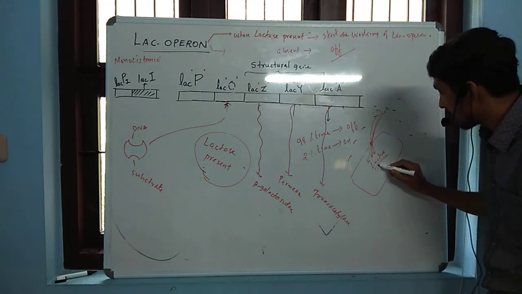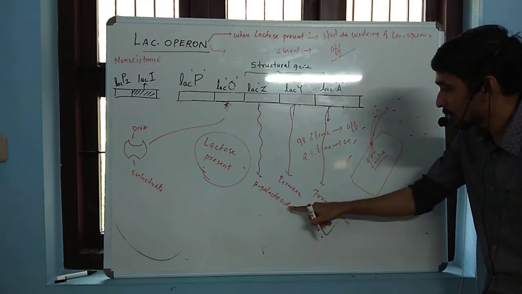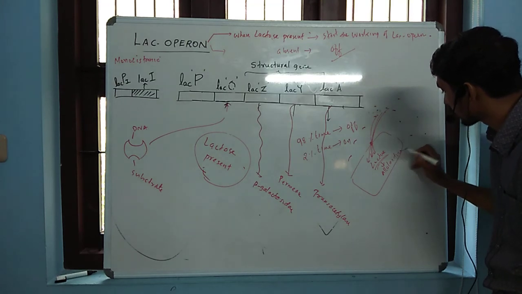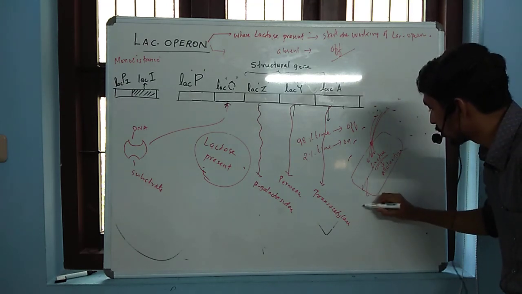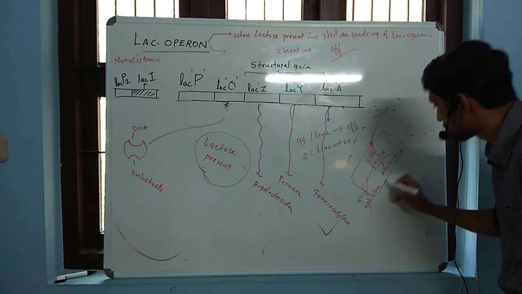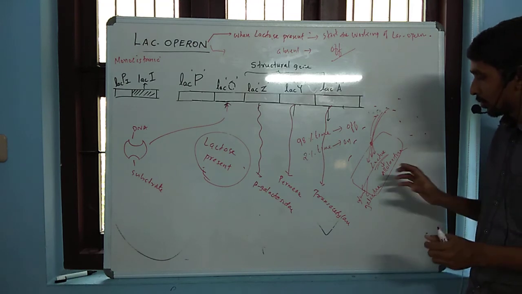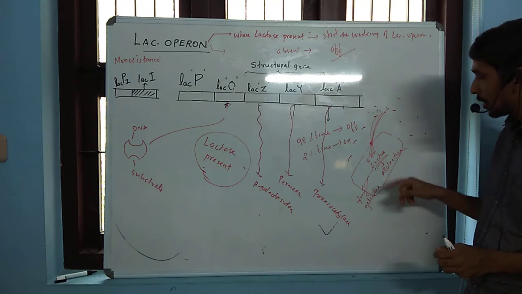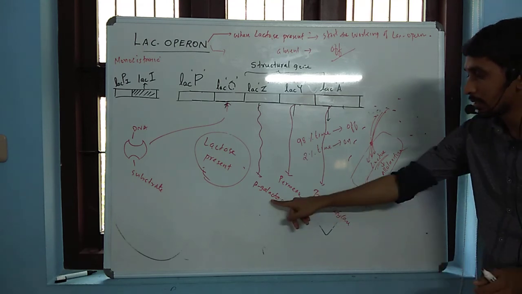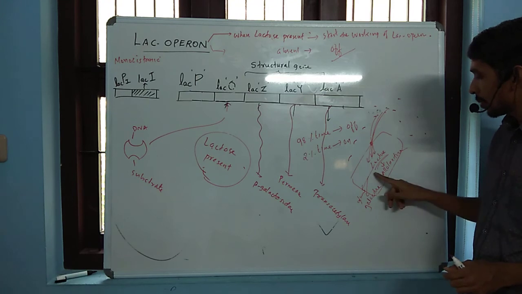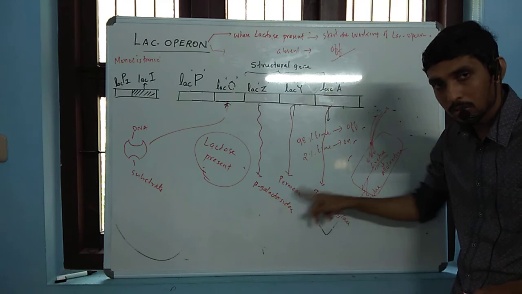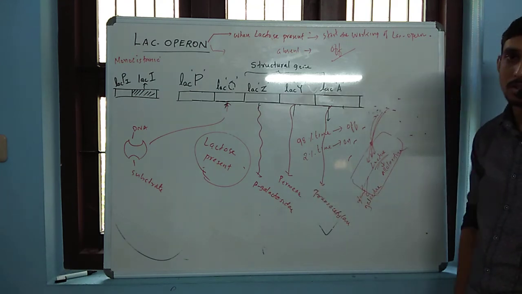So this newly entered lactose has two fates. Some lactose is converted into allolactose by the enzyme beta-galactosidase. Some lactose is converted into glucose and galactose by the same enzyme. Both functions are performed by beta-galactosidase.